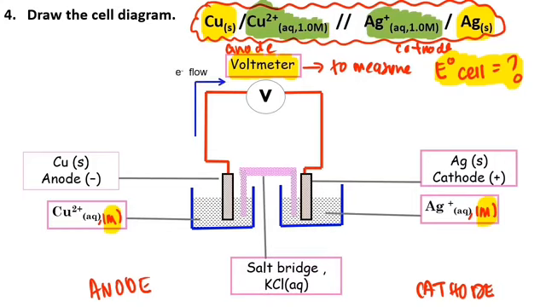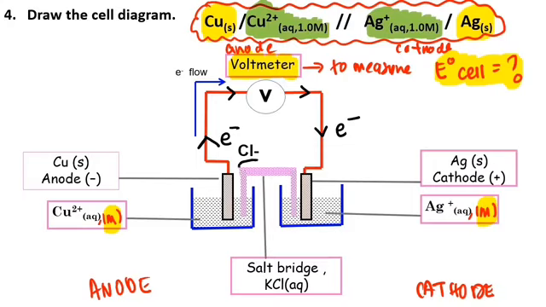And then pelajar kena label electron flow from the anode to the cathode. Tak label electron flow salah. Ataupun pelajar boleh label caranya, tak semestinya label kat tepi wire. Nak label pada wire macam ni pun boleh juga. So, from anode, bergerak ke cathode, electron flow. And then, mesti label the species of the salt bridge.